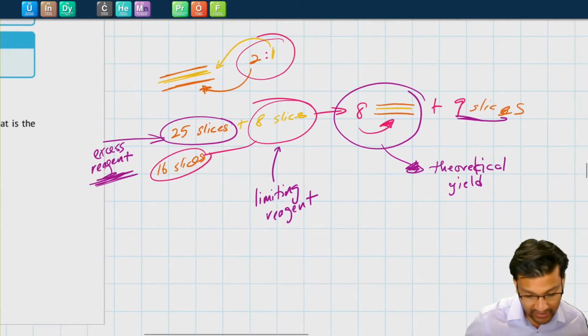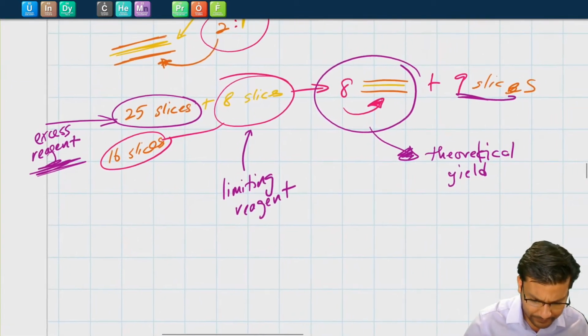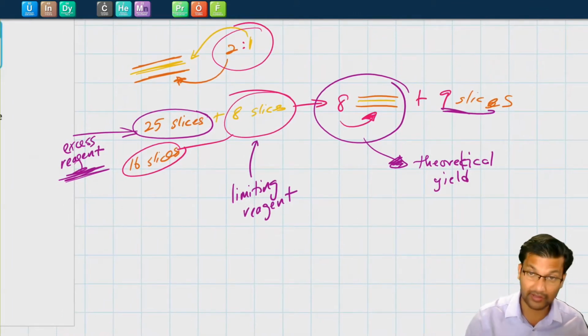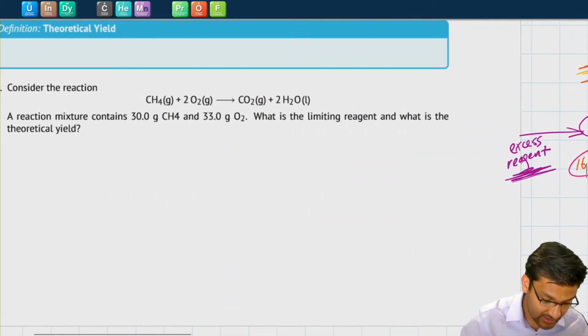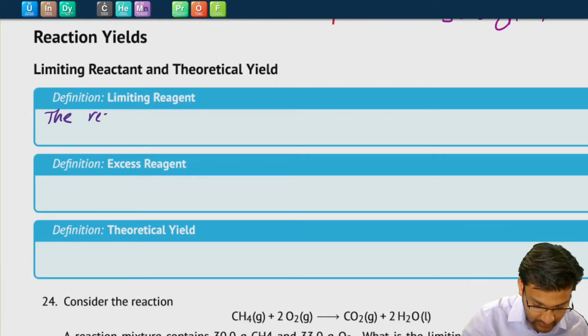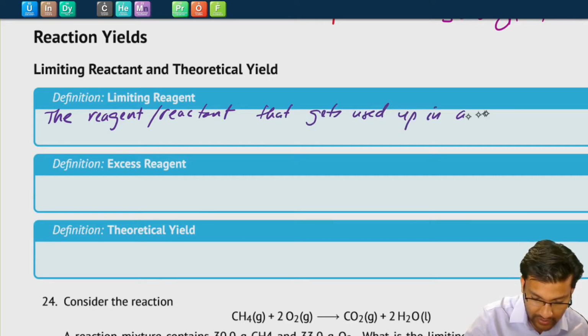So that's a broad overview of what a limiting reagent, an excess reagent, and theoretical yield are. Let's do some formal definitions. Your limiting reagent is the reagent or reactant that gets used up in a chemical reaction.